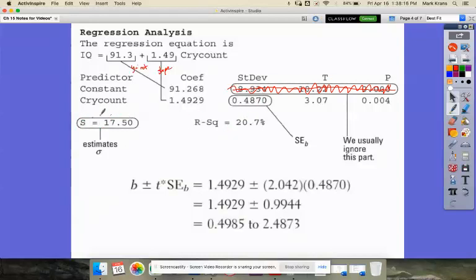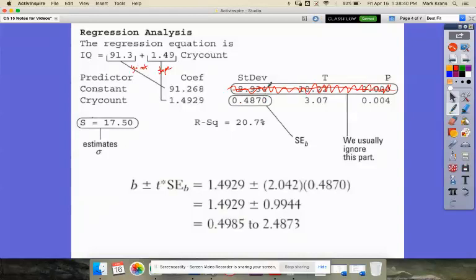So this is s, the average distance from the line. If I plug in a cry count for a particular baby, I would get out a predicted IQ, and I'm going to be off on average by 17.5. That's the standard deviation of the residuals. Now the standard error, the standard deviation of my slopes, is this 0.4870.